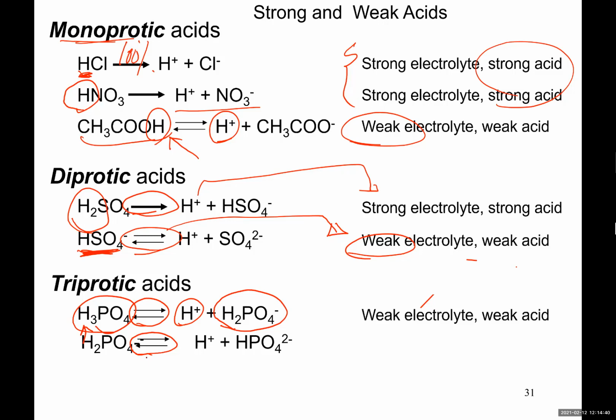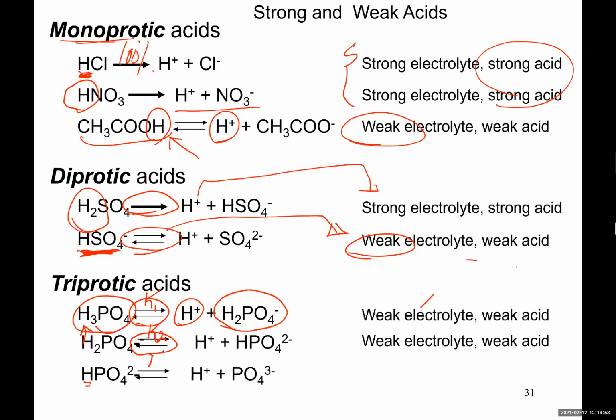We have got an equilibrium which is much weaker than, let's say, equilibrium 1 has K1, equilibrium 2 has got K2 for dissociation, and even the third hydrogen comes off with less than K2 and K1. So the equilibriums are getting weaker and weaker.